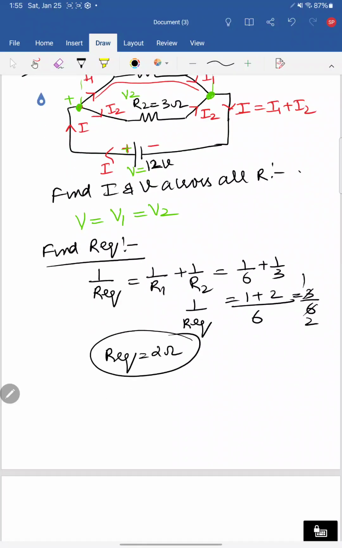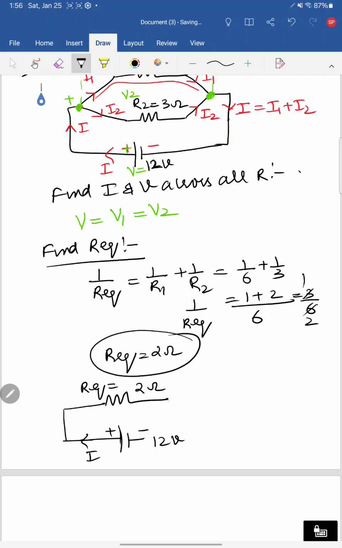Now we got the value of R equivalent. We got the value of voltage across each resistor. Now we'll try to find the value of current I. Right? So for that we'll remake the circuit, and that is, this is 12 volt plus minus. This is the value of current I, and R equivalent. When two resistors are connected in parallel, we got one equivalent resistance as 2 ohm.